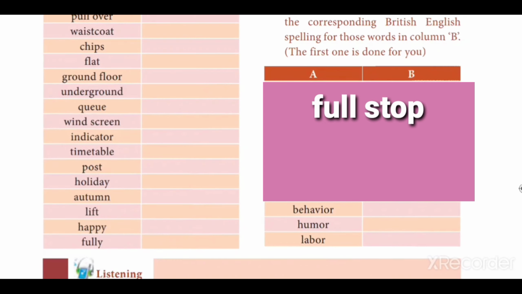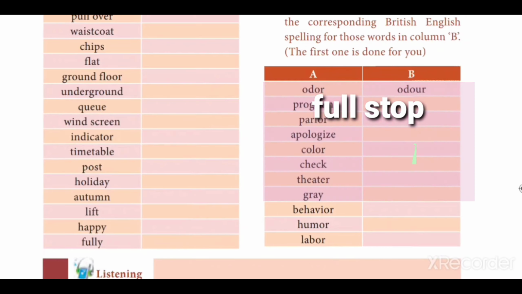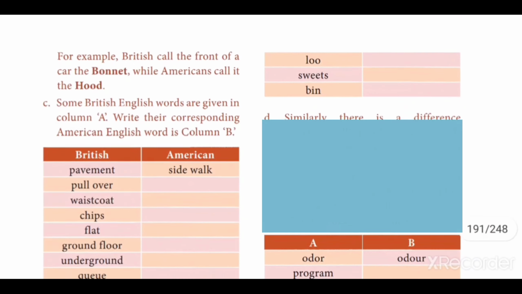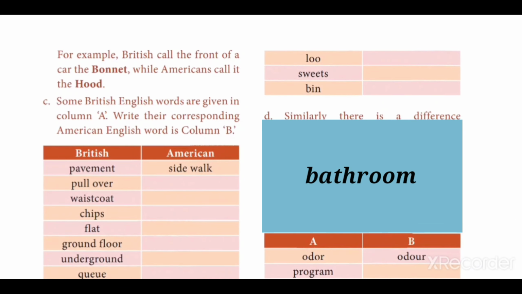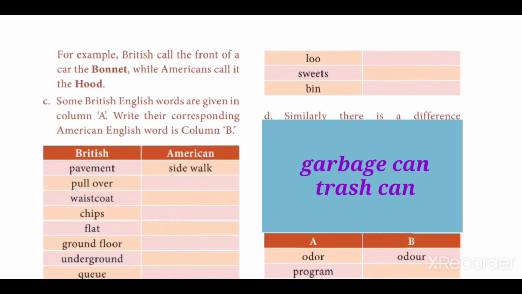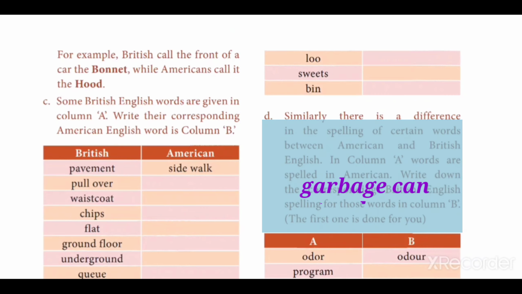And for full stop, the next word is full stop, it is not fully, and for full stop it is period. Coming to the other words on the right side. For the word loo, the American English word is bathroom, and for sweets it is candies, and ultimately for the word bin it is garbage or trash can.